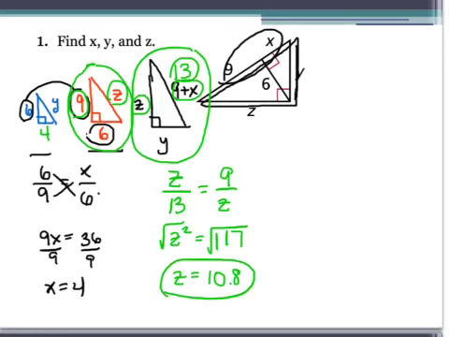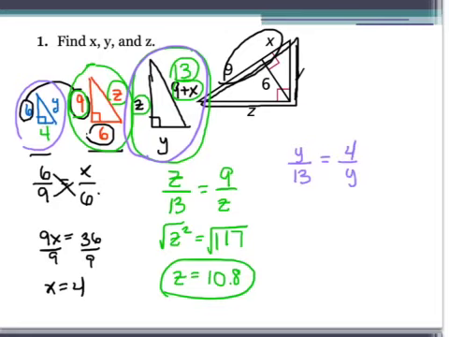Okay, now I want to set up a proportion to find y. So to find y, well, I can use my small triangle and my medium triangle again. Actually, let's use the small triangle and the large triangle, because I have hypotenuse to hypotenuse, so y to 13 equals 4 short leg to short leg, 4 to y.